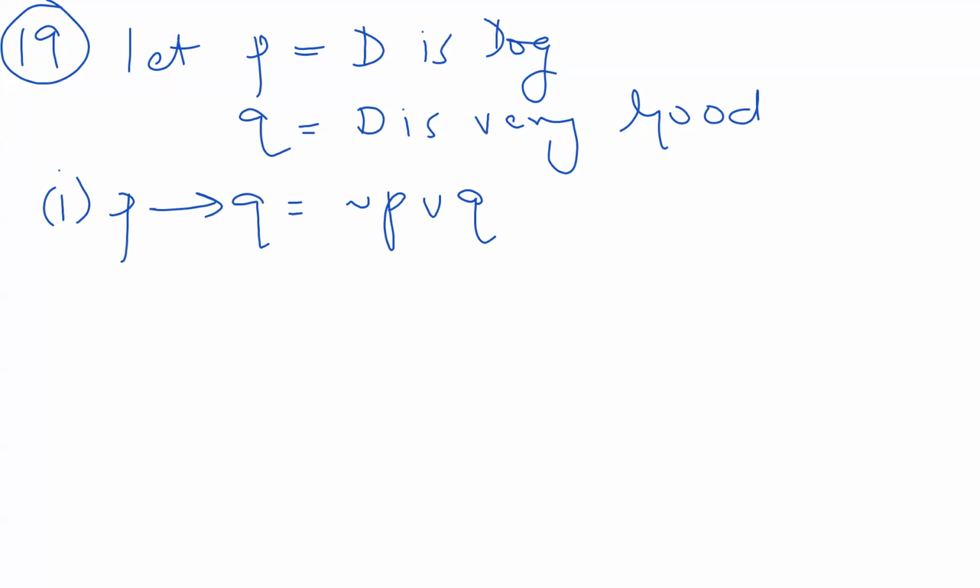Meaning is negation P or Q. Second one, symbolic form. Anyone? Q implies P. Now, if it is Q implies P, if I want to remove this conditional, this implication, what should I write?